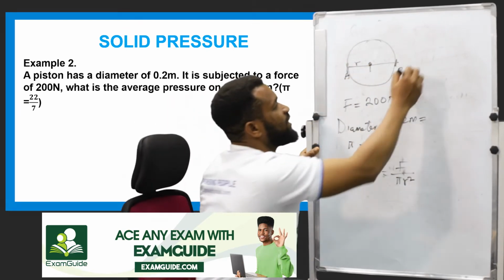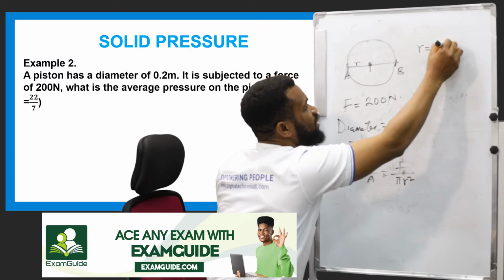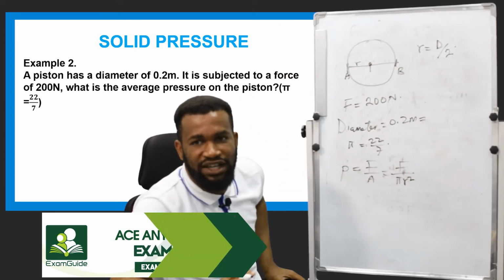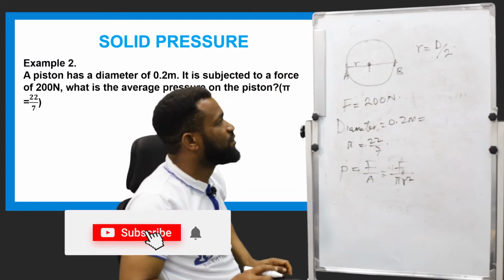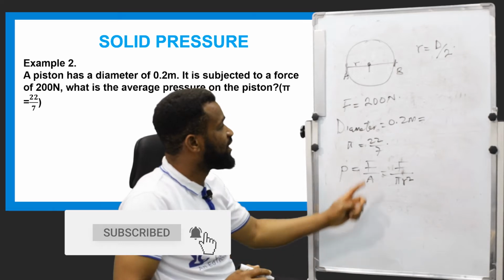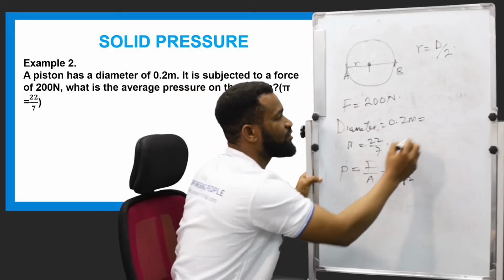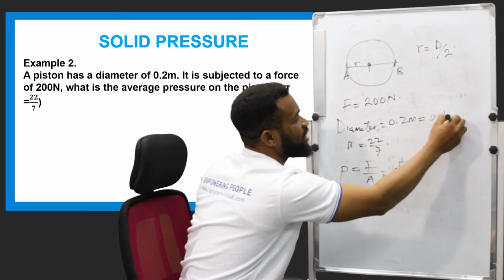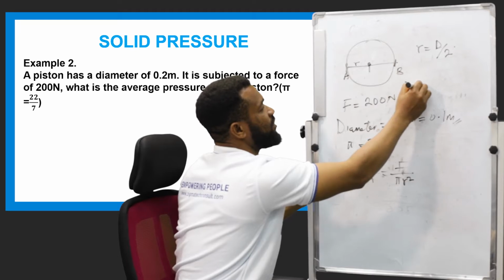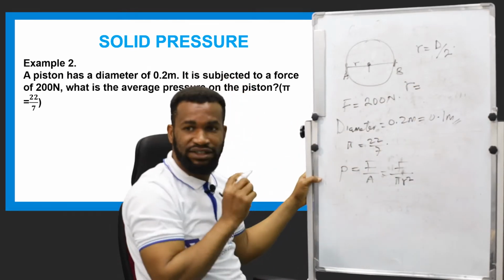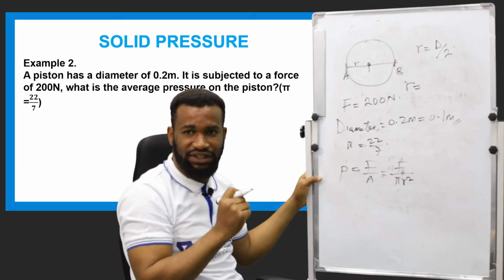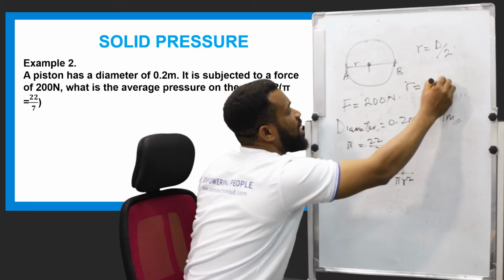The radius is diameter divided by 2. So when you divide diameter by 2, you have the radius. Now, 0.2 divided by 2 gives us 0.1 meters. Therefore, the radius of this circular piston is 0.1 meter.